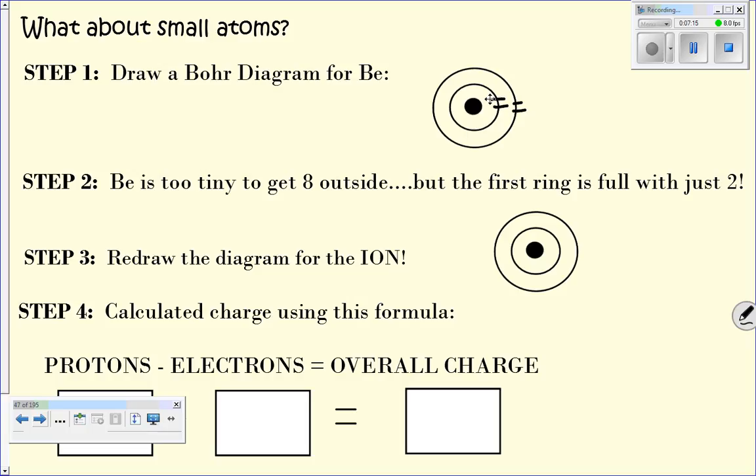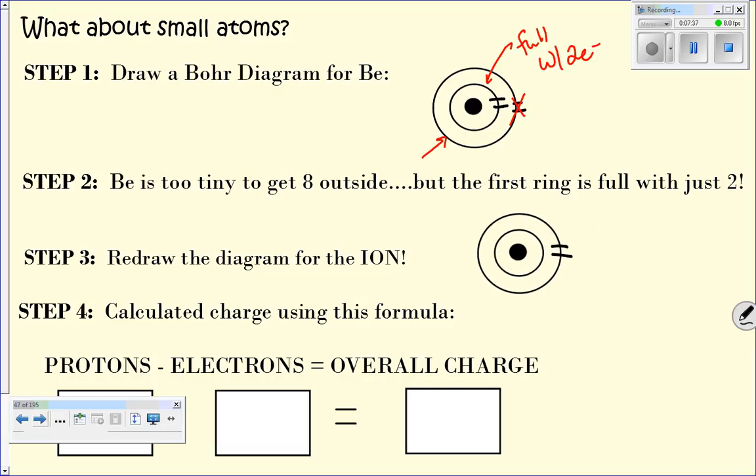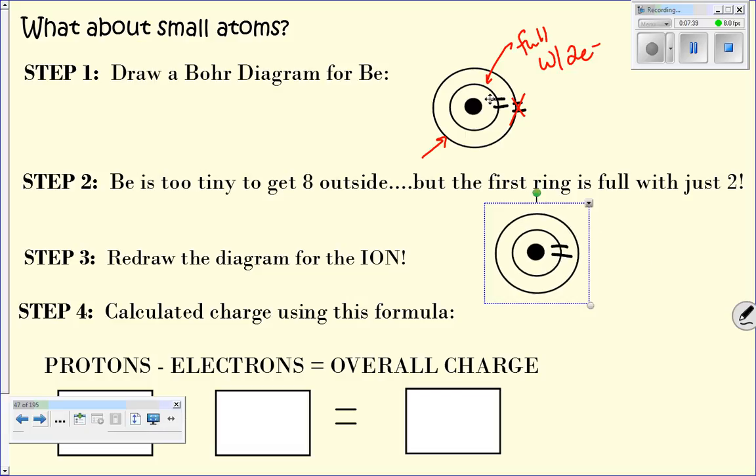So what's actually going to happen with beryllium, this ring right here is not full with 2 electrons, but this ring is full with 2 electrons. So what beryllium's actually going to do, it's going to lose those 2 valence electrons. It's going to lose these guys up here, and actually just have only 2 electrons right here.